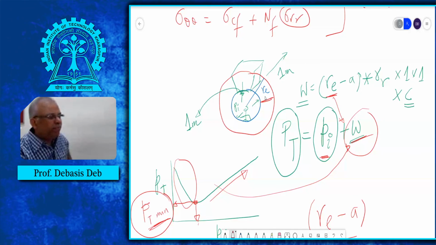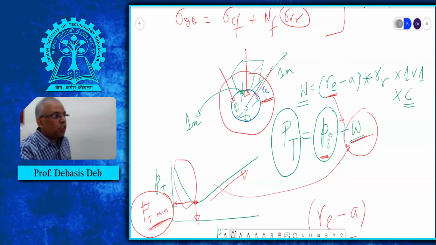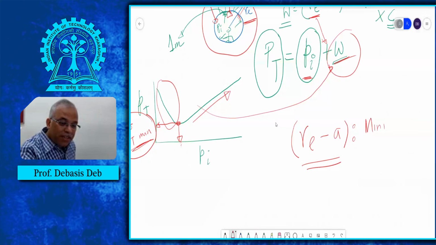So Re minus a is this distance. This is where basically we put the bolt. So Re minus a tells us the minimum bolt length required.